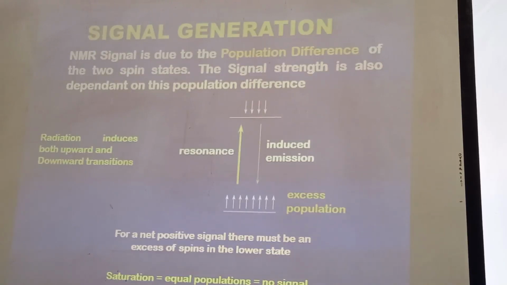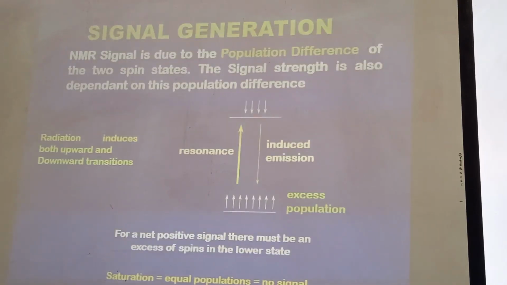So if you provide radio frequency continuously, these nuclei will jump from alpha to beta, beta to alpha continuously, and a stage will come where the population difference would be zero, or in other words, both the alpha and beta states will have equal population. There will be no excess population, and that is where you won't observe any signal.